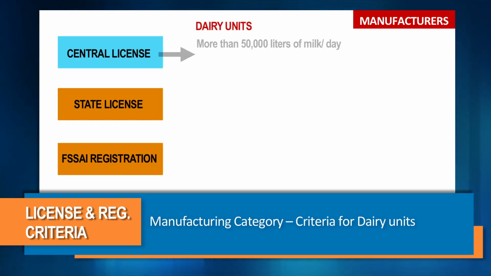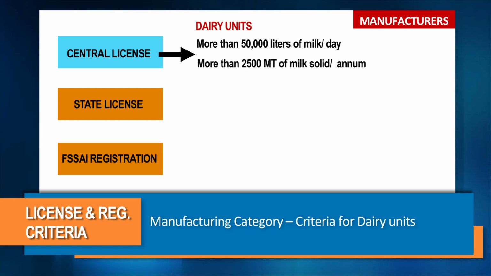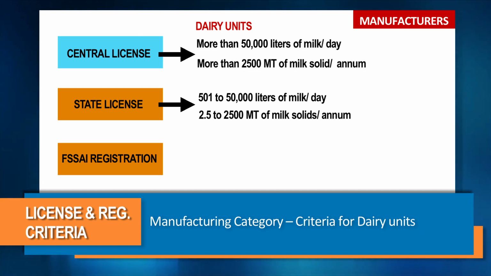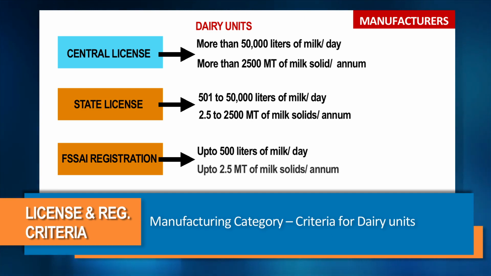The dairy units with capacity of more than 50,000 liters of milk per day or more than 2,500 metric ton of milk solid per annum come under central license, with capacity of handling 501 to 50,000 liters of milk per day or 2.5 metric ton to 2,500 metric ton of milk solids per annum come under state license category, and the units with capacity of handling up to 500 liters of milk per day or up to 2.5 metric ton of milk solids per annum come under registration category.